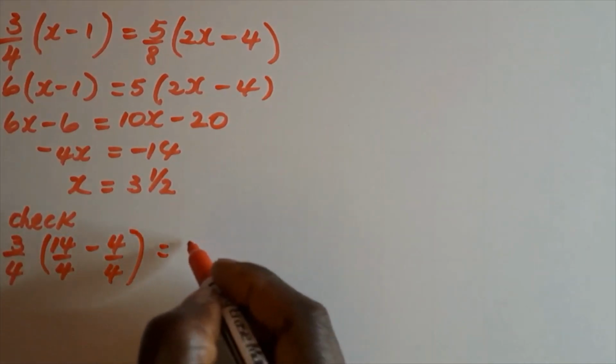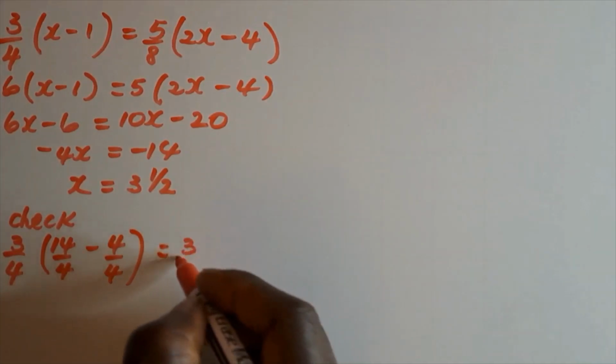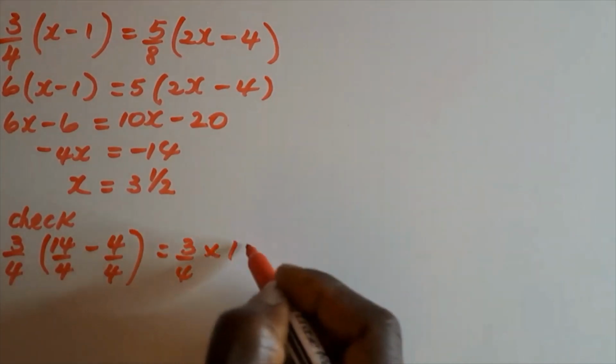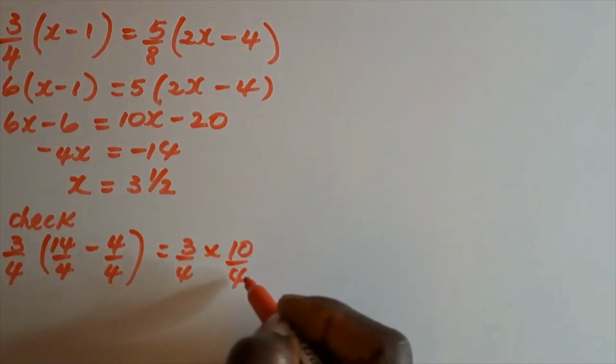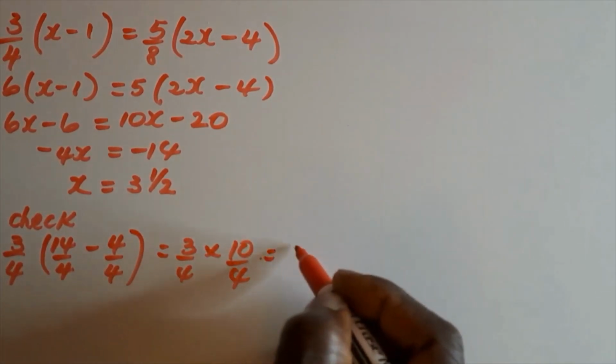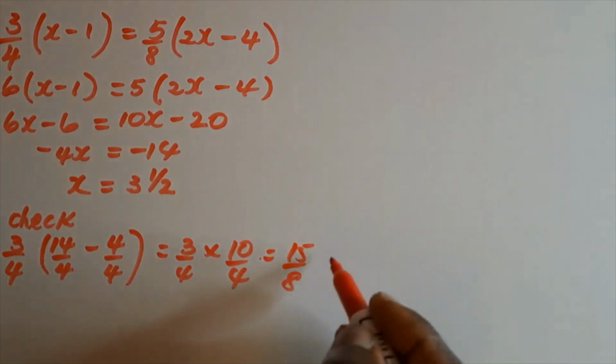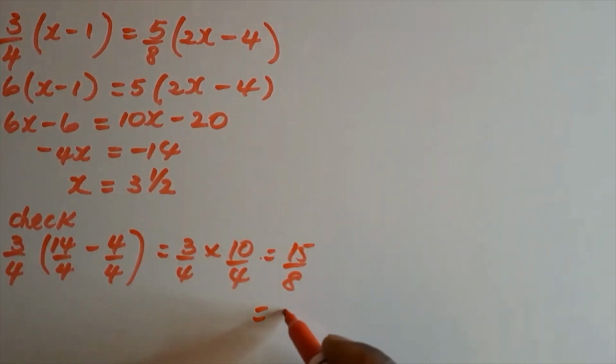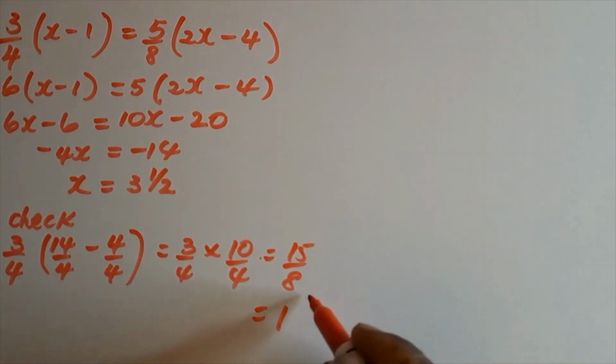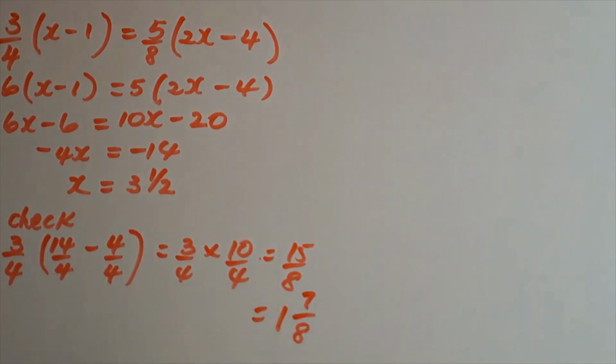And this will give us 3 over 4 times 10 over 4 simplified to give us 15 over 8, which we can write as 1 and 7 over 8. So that's the left hand side.